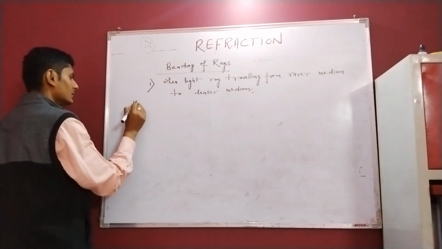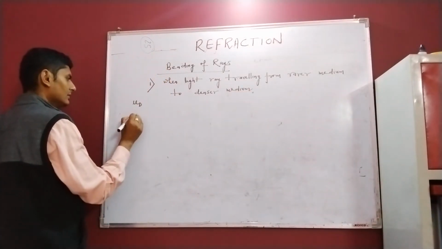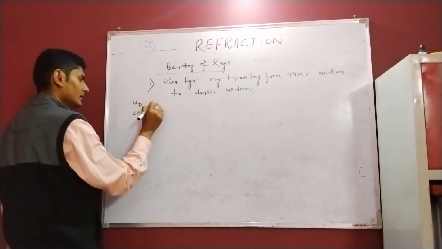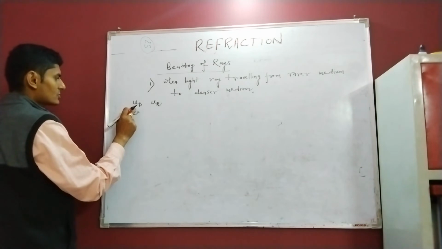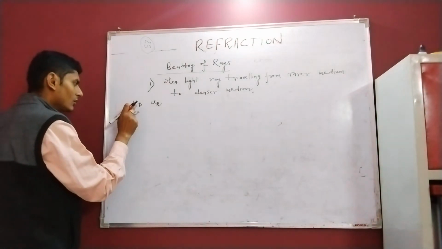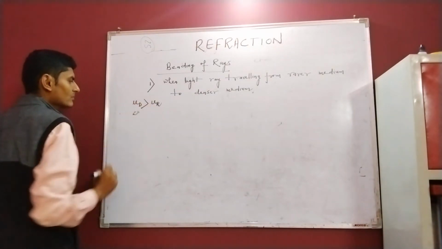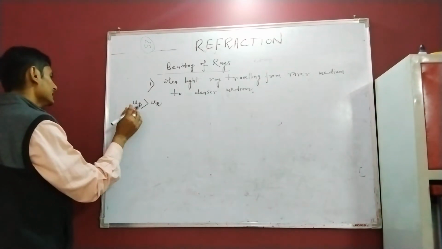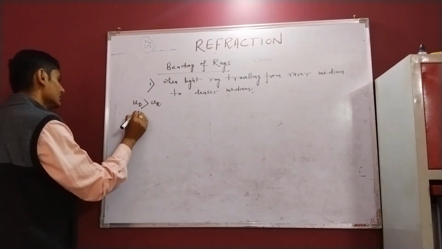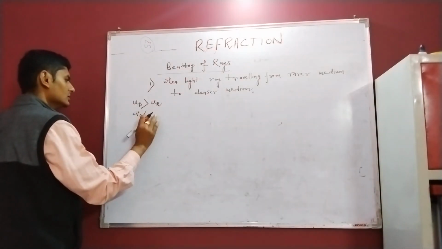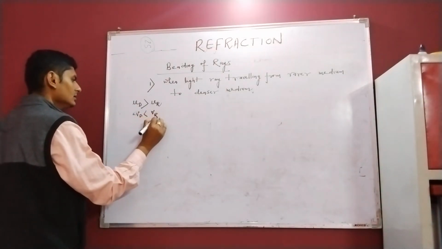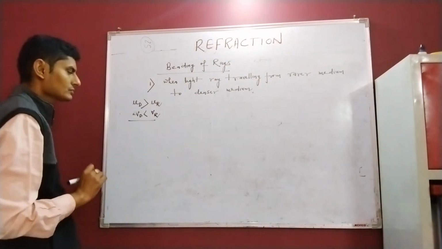Suppose the refractive index of the denser medium is mu d and the refractive index of the rarer medium is mu r. Since it is denser, of course the refractive index of the denser medium will be greater, and the speed of light in the denser medium will be lesser as compared to the speed of light in the rarer medium.